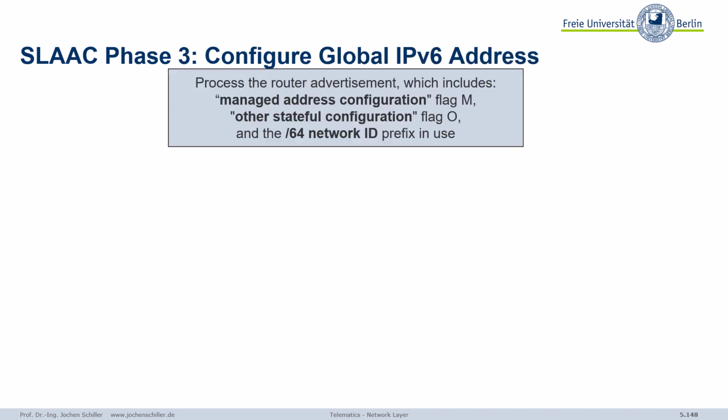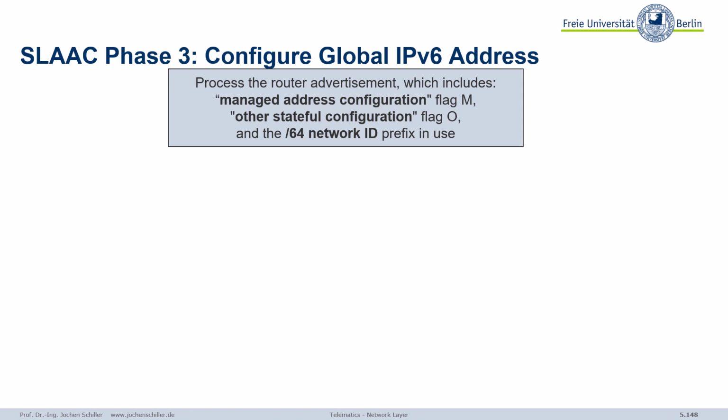Now phase 3 follows. The router advertisement contains different flags, like how the addresses are configured, stateful configuration, etc. Prefixes. The prefix is quite important because this tells me which network I'm in.